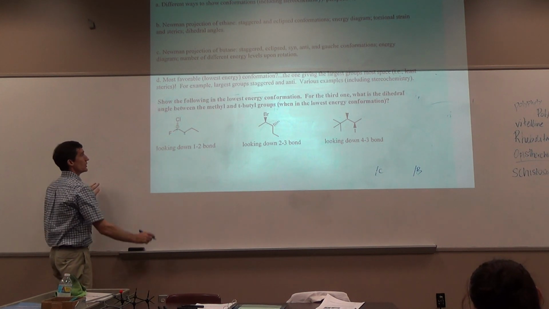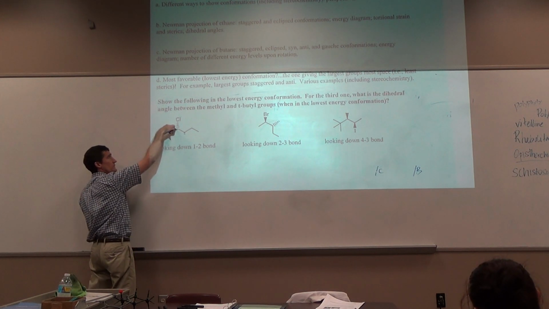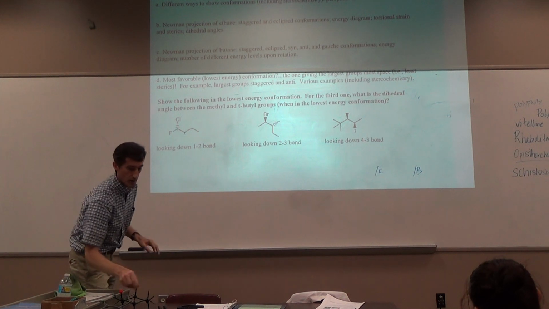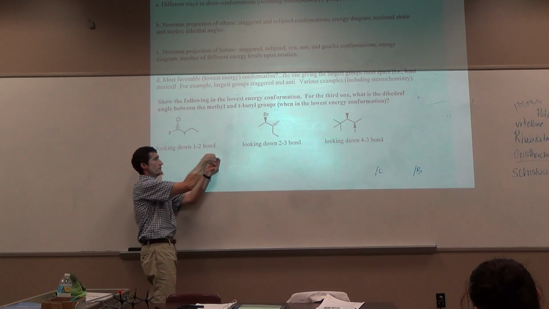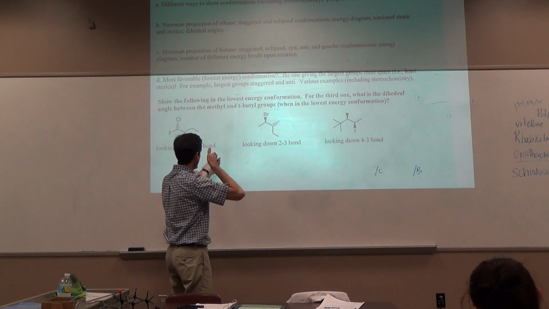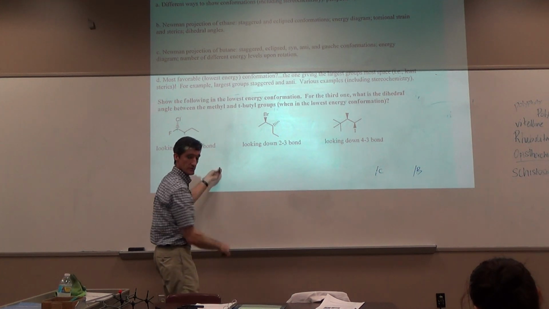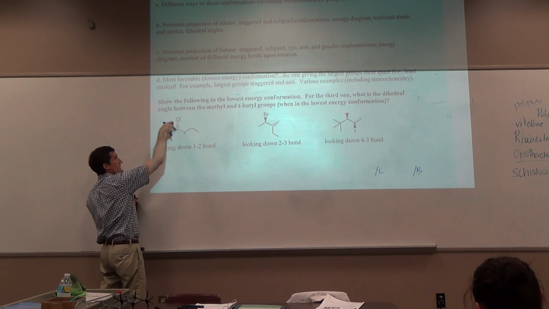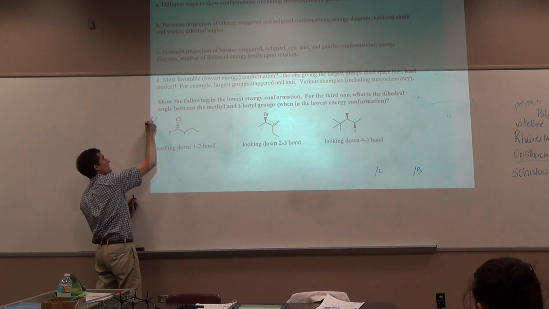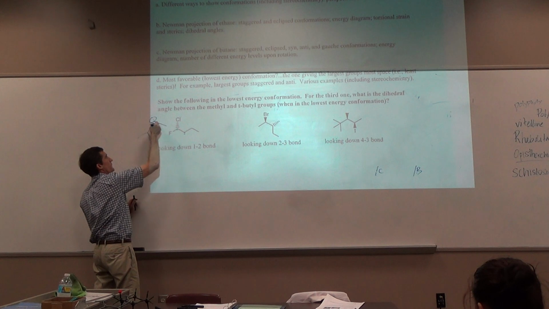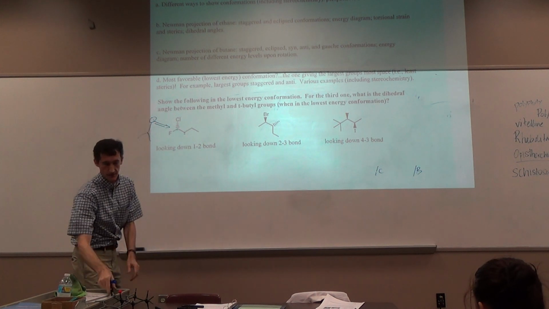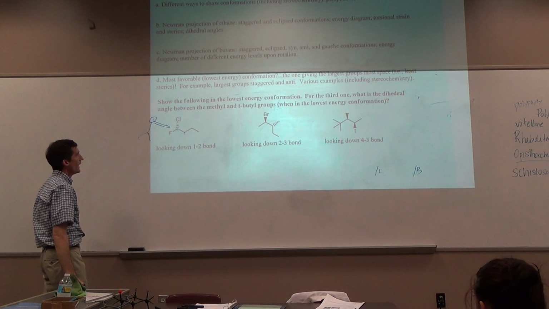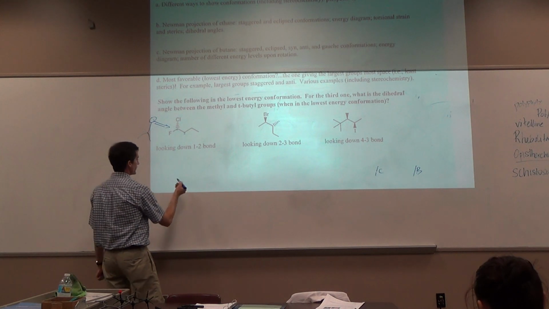Looking down the 1,2 bond means the 1's in the front, 2's in the back. We're looking down the bond. How do we look down with the 2 in the back? We got to stand over here and look through there, on the front carbon.